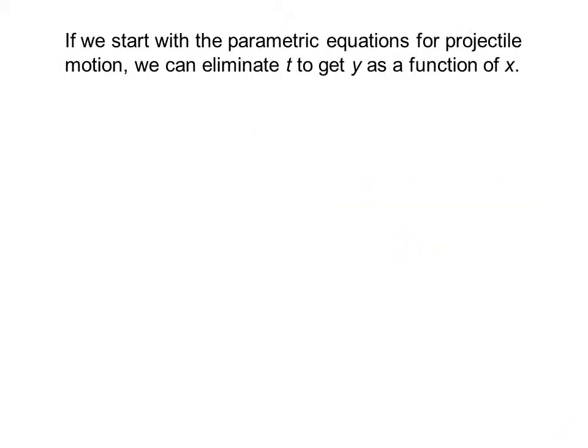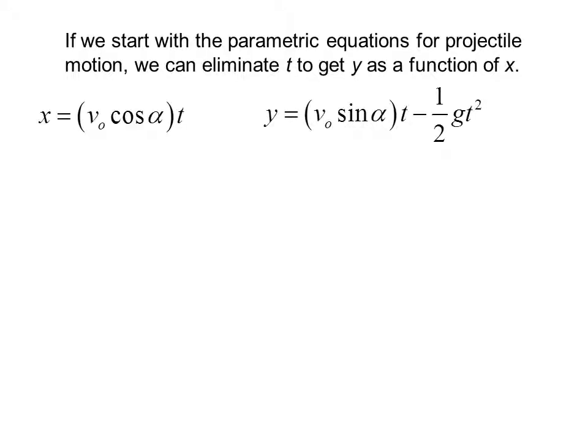If we start with the parametric equations for projectile motion, we can eliminate t to get y as a function of x. X equals v sub 0 cosine alpha t, y equals v sub 0 sine alpha t minus 1/2 gt squared. Solving the left equation for t, we have x over v sub 0 cosine alpha equals t.